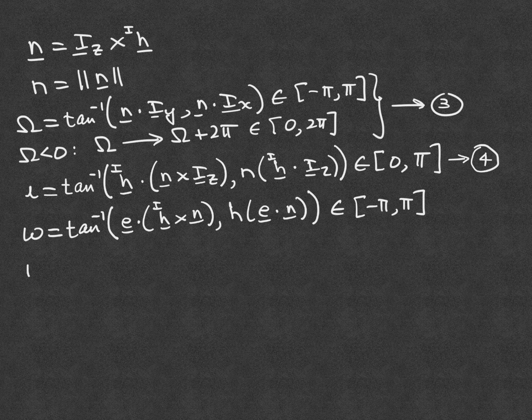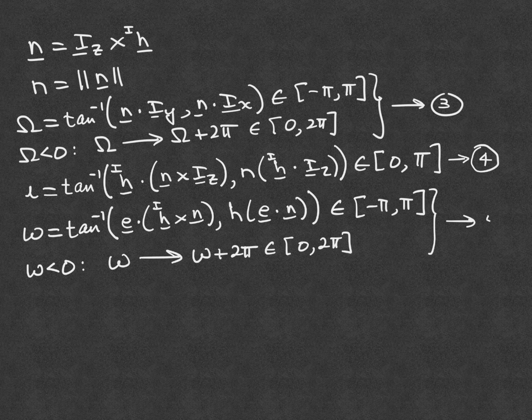So we can replace the angle if it's less than 0. We replace it with itself plus 2 pi, and that gives us an angle that's on 0 to 2 pi. And this is now the 5th orbital element.